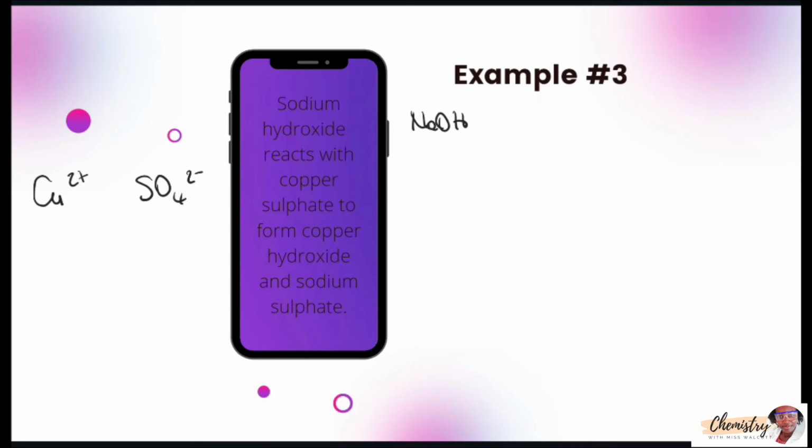Next is copper sulfate, the copper ion Cu2+, sulfate ion SO4 2-. These charges would cancel and we end up with the formula CuSO4. These are our reactants, and it says that these would form, which means that the arrow comes next, and the products would be copper hydroxide. When we look at the copper and hydroxide ions, we see that we need 2 hydroxide ions to cancel those 2 positive charges.